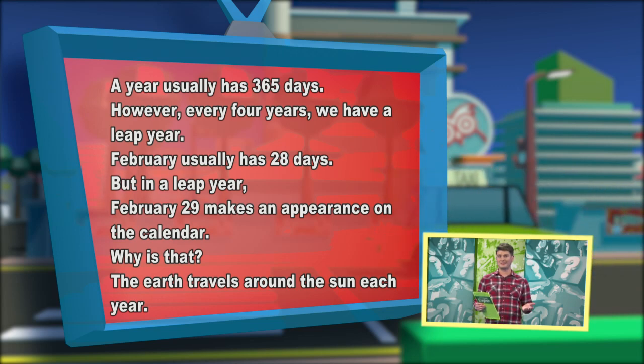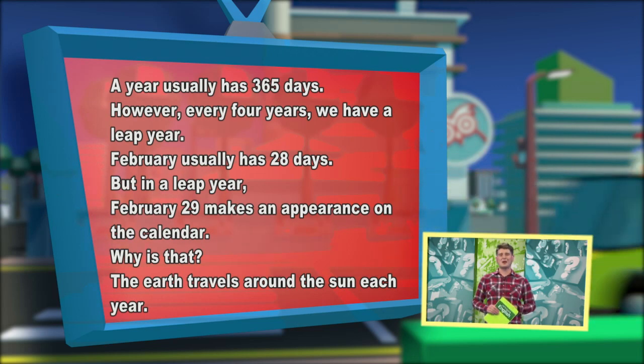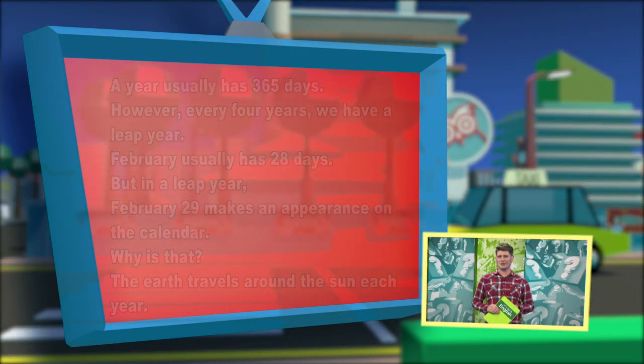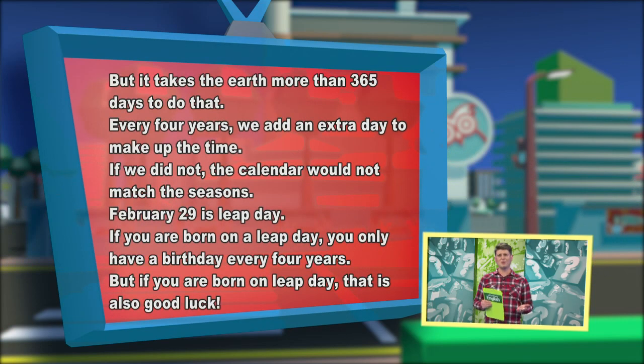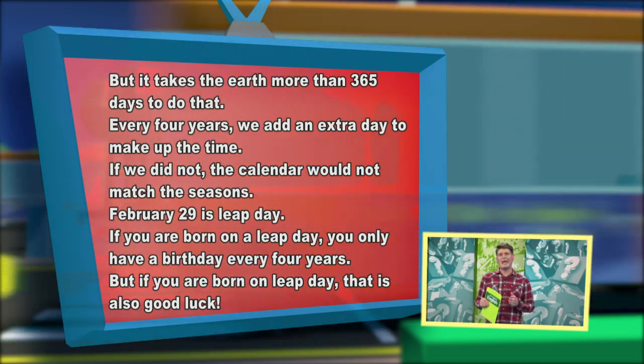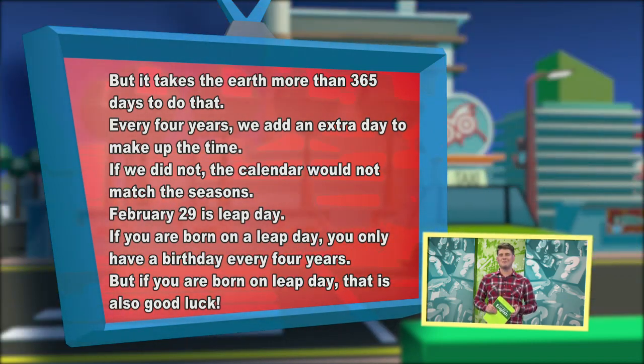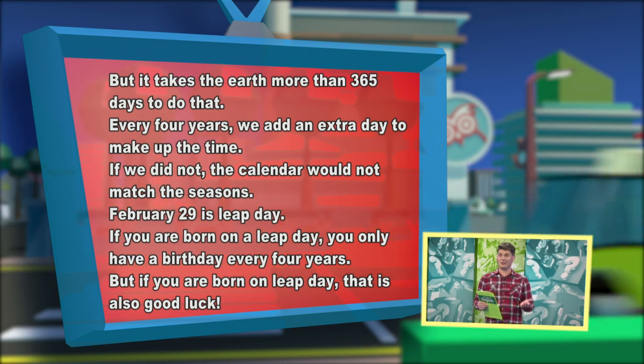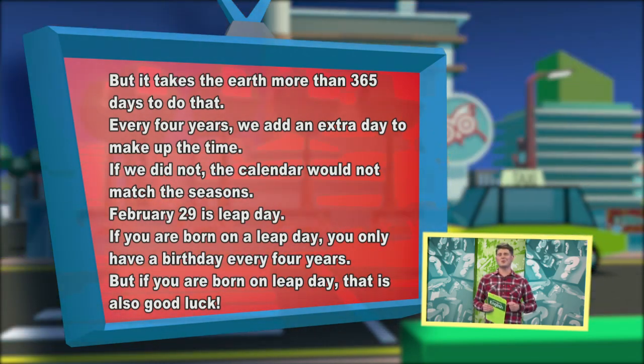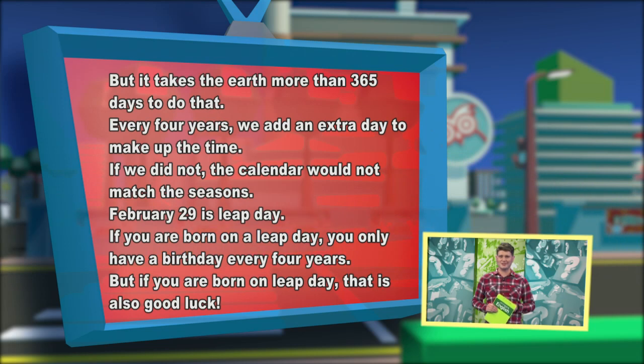Why is that? The Earth travels around the sun each year, but it takes the Earth more than 365 days to do that. Every 4 years, we add an extra day to make up the time. If we did not, the calendar would not match the seasons.